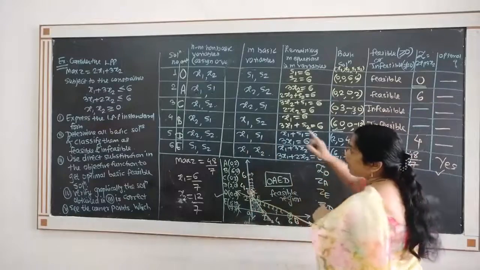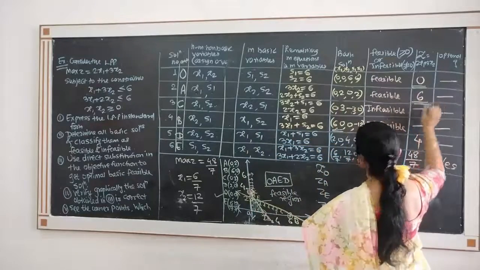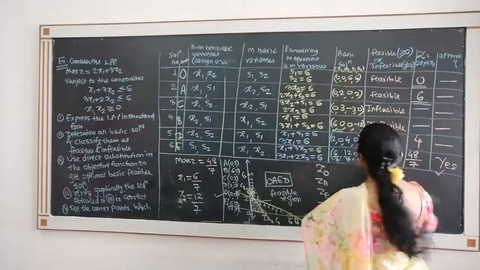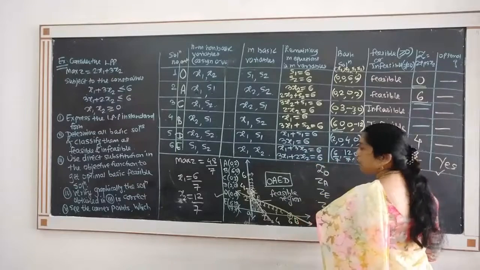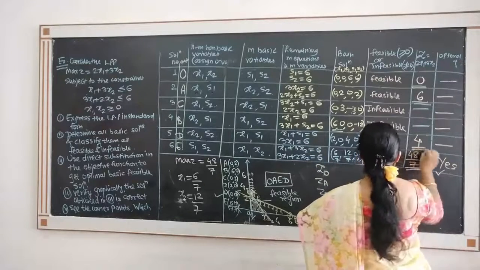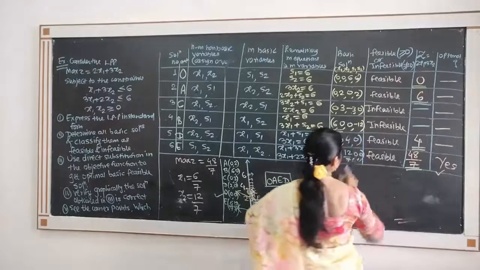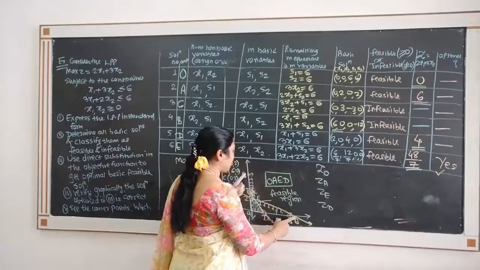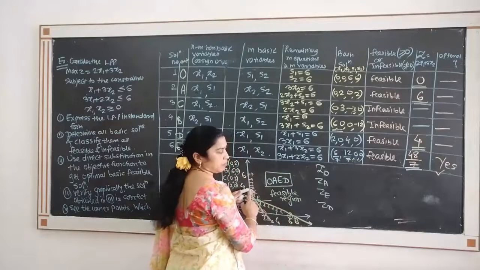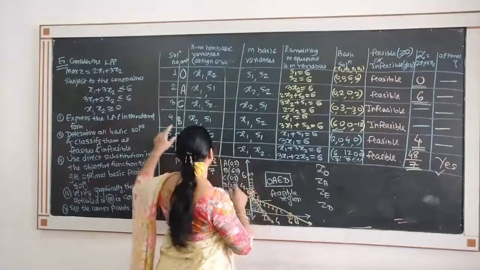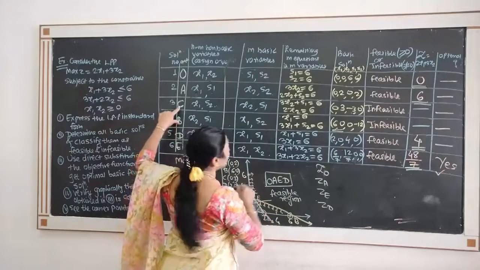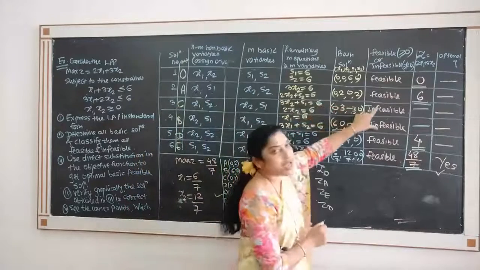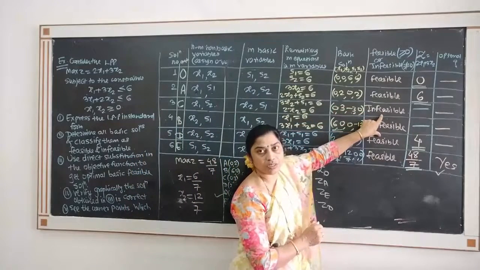At A, the value comes to be 6. At E, the value comes to be 48 by 7. And at D point, the value comes to be 4. Observe that we don't consider these 2 points, that is B and C. These B and C correspond to infeasible solutions.